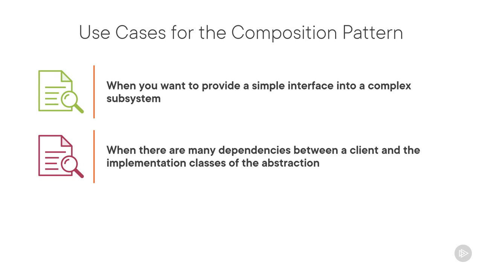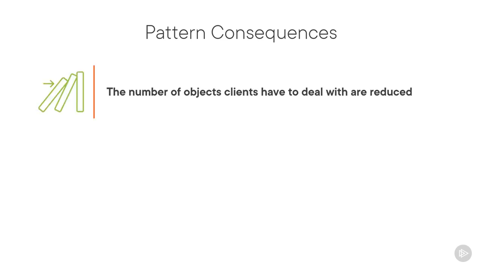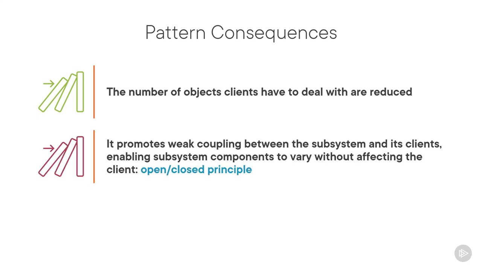Let's have a look at the pattern consequences. There's 3 main consequences to this pattern. First of all, it shields clients from subsystems. That means that the number of objects that clients have to deal with are reduced. It also promotes weak coupling between the subsystem and its clients. The client is coupled to the facade, not to the subsystems per se.